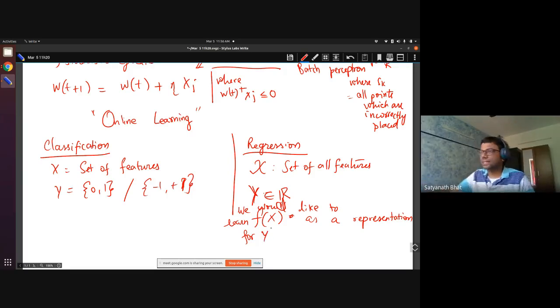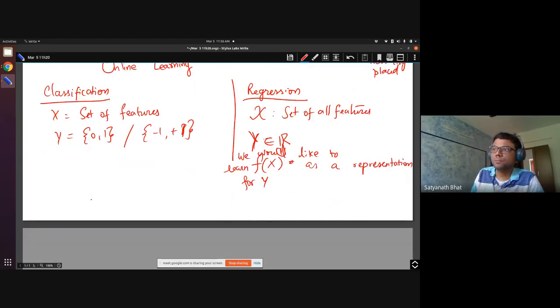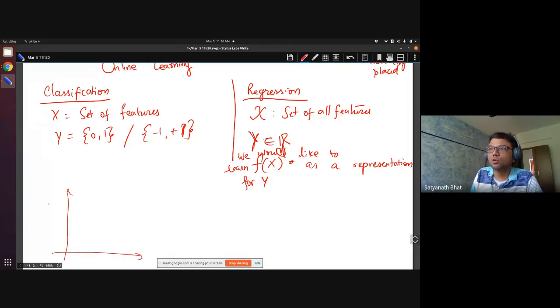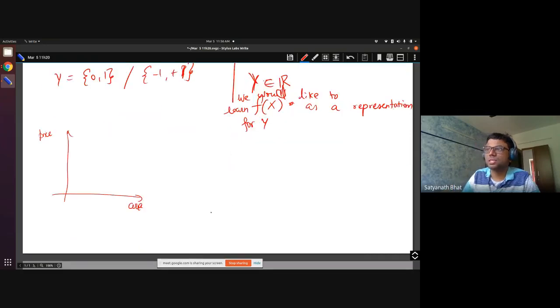An example of a regression problem that is very commonly given is house prices. There is price on one axis, and let us say area on the other axis. You would see these examples in many places. Let's say the area is measured in square meters and price is measured in rupees. Given more area, it is more likely that the price will be high.